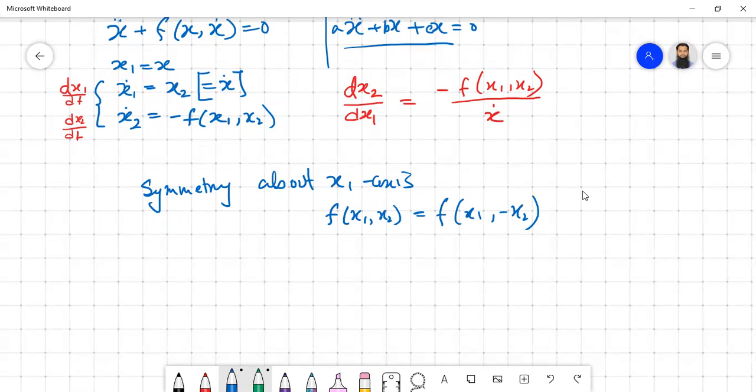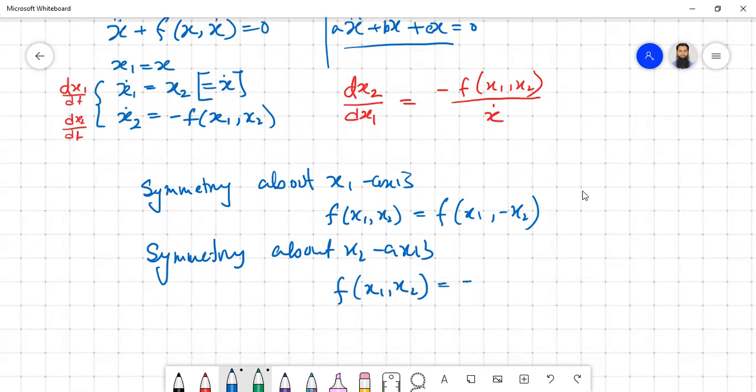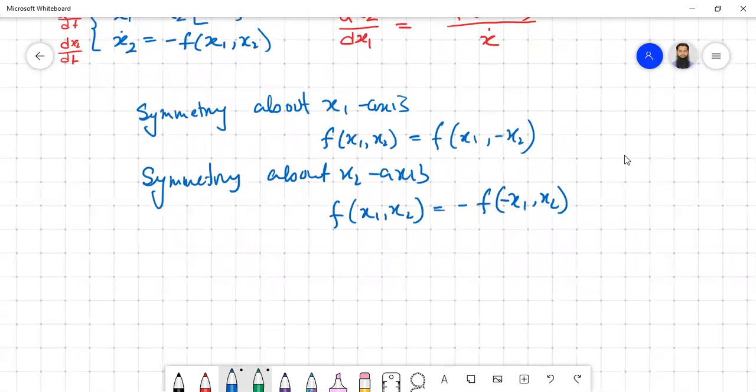Then if it is the symmetry about the x2 axis, which is the y-axis, the formula is f(x1, x2) should be equal to minus f(minus x1, x2). If these properties match, then it will be symmetrical about the x and y axis, and because of which half of the plot should be enough to finish the complete portrait.